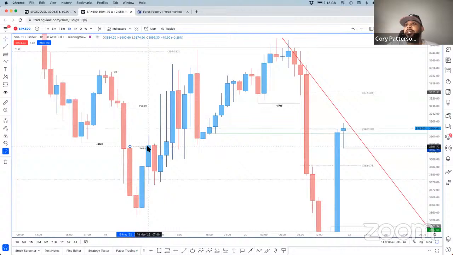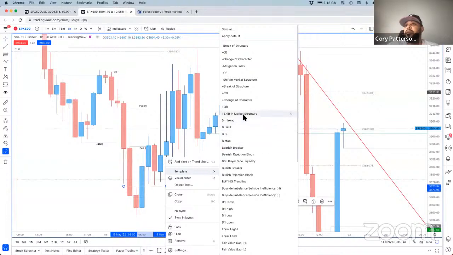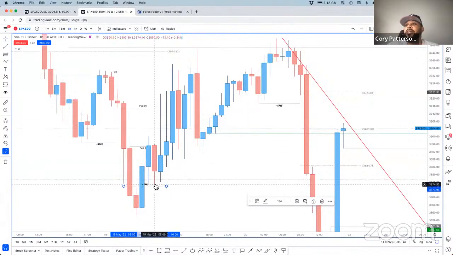We sold off of this level and we tried to get back down to this low right here and we failed because over here, there's an imbalance that it traded to and it held it. Once we held this one, that was our shift in market structure over here on the lower time frame, right at this area right here. Our shift came right around here, but this is the upside. So we had our upside shift.